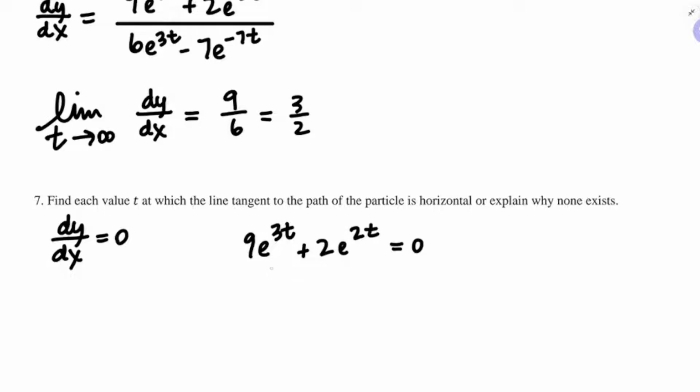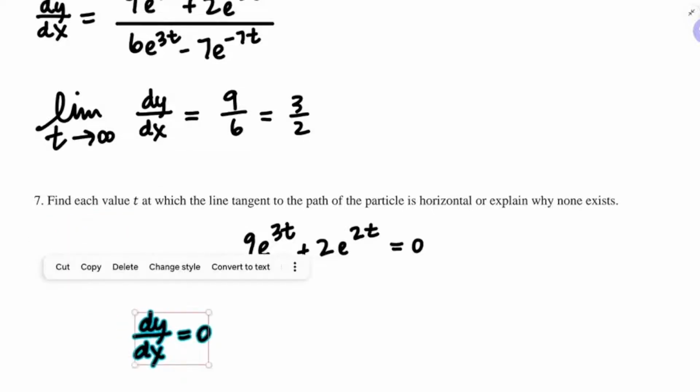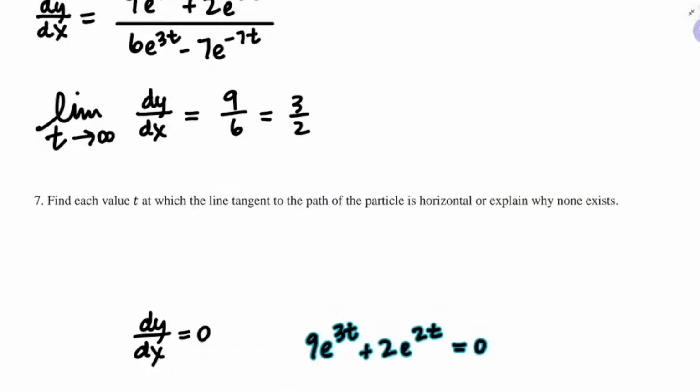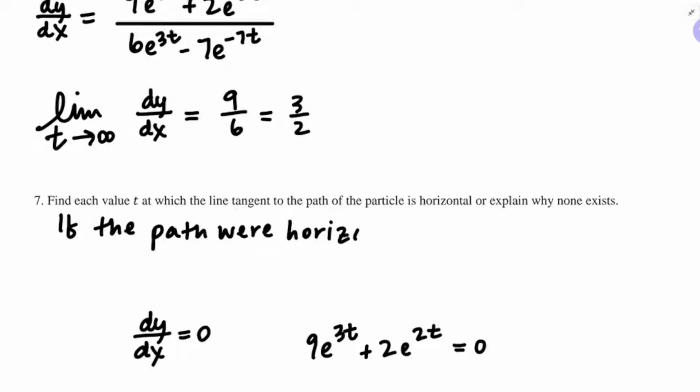Let me think about how I would write this. Explain why none exists. If the path were horizontal, we would have dy dx equaling 0.